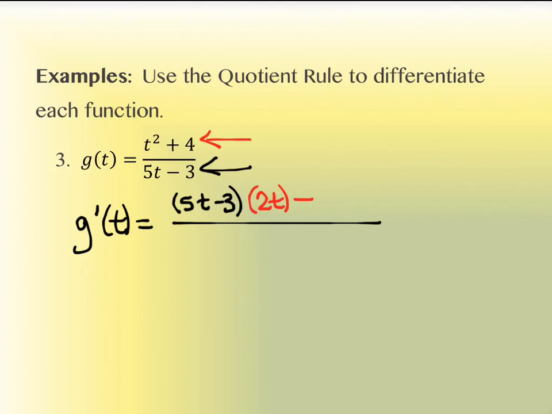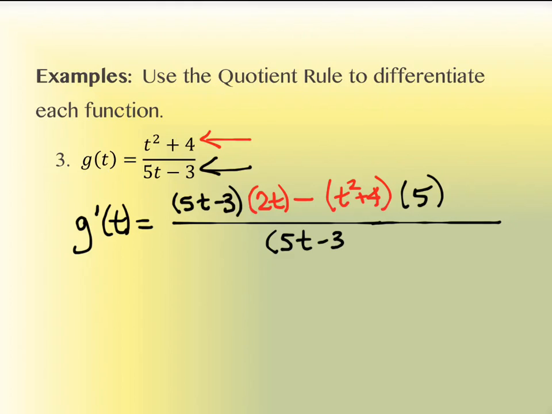Then I return back to the denominator, or, well, the way that I have it written, then I write the numerator, which is t squared plus 4. This you could do in either order right now. And then I take the derivative of the denominator. So what's the derivative of the denominator? 5. And all of this is written over what? 5t minus 3 squared. Right, 5t minus 3, the denominator, squared.